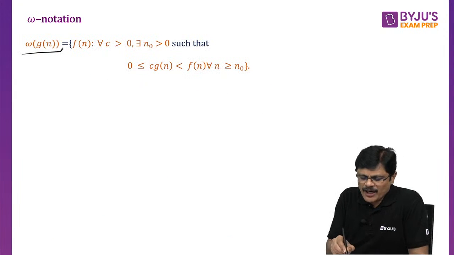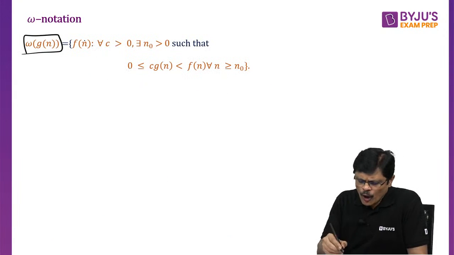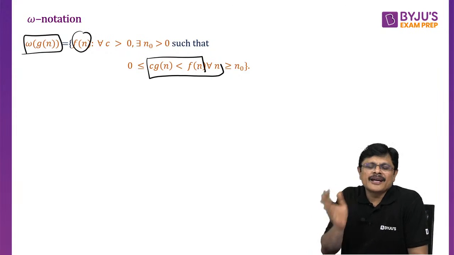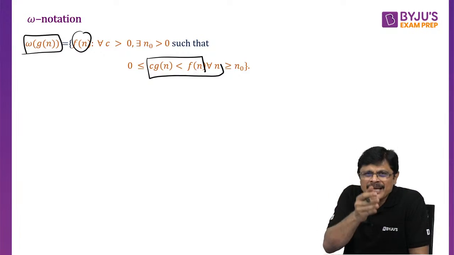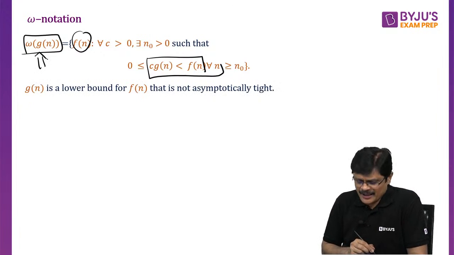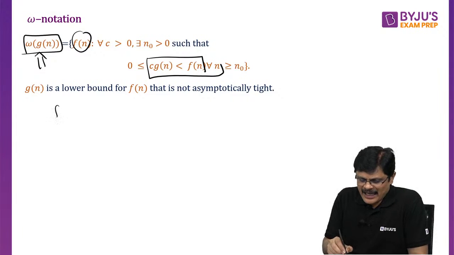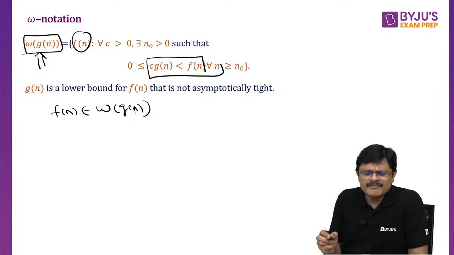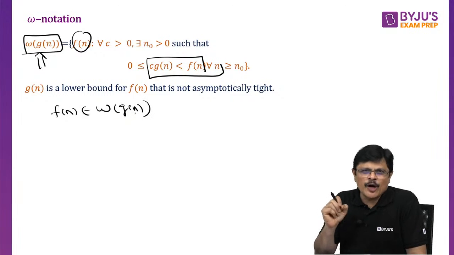When you say omega of Gn, it is not just one function, sir. All such functions satisfying this condition fall under this particular class, my dear friends. We actually need to say that Fn belongs to small omega of Gn, but we write Fn is equal to small omega of Gn.